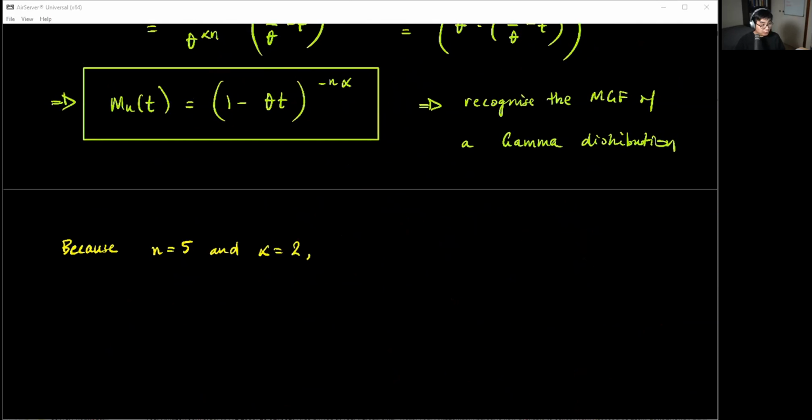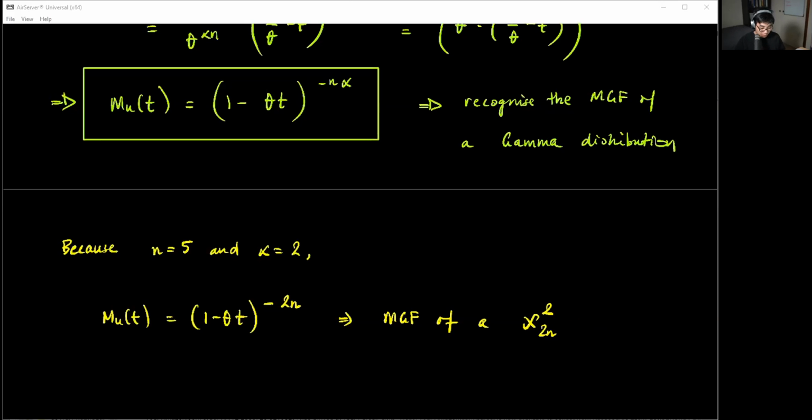We have the following mu, minus 2n if you substitute alpha in. So this right here is actually specifically the moment generating function of a chi-squared distribution with 2n degrees of freedom.